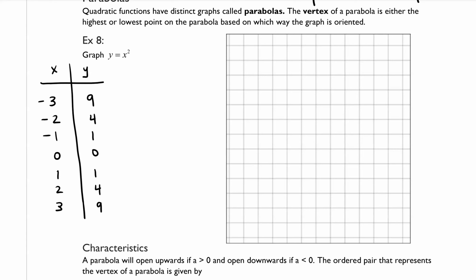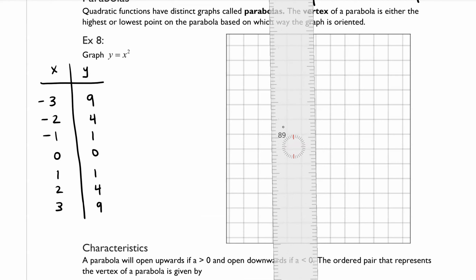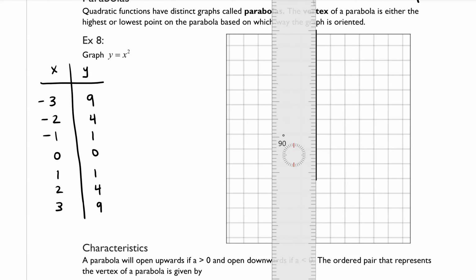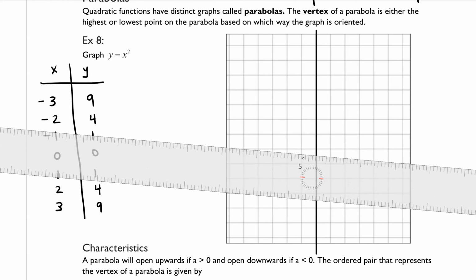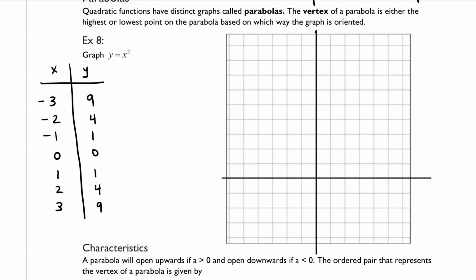Okay, so now on my graph here, I'm going to draw in my axes. Now notice in this scenario, for this specific function, none of our output values are negative because we're squaring these values. And so if I plugged in negative 3, then my output would be positive 9.